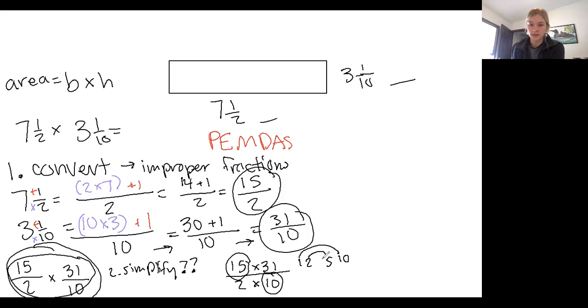I like to make this little rainbow of factors to help me write them out. So for 15, I have 1 and 15. 2 times, it would have to be 7.5, so that doesn't work. So 1, 2, 3, 3 times 5. Oh, they share a factor. These numbers can both be divided by 5.